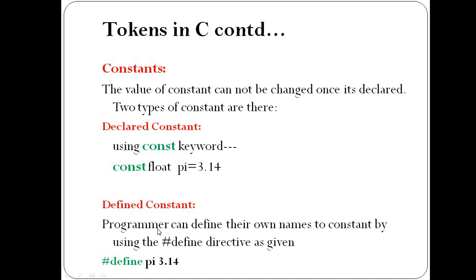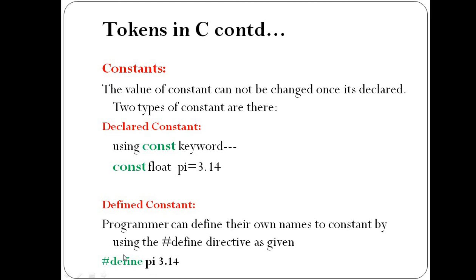Second, the programmer can define their own names for constants by using the hash define directive. In hash define also, we write it before declaring the main function. What it is used for, we learned in a previous video. Using this hash define section, we can declare the constant value: hash define pi 3.14.